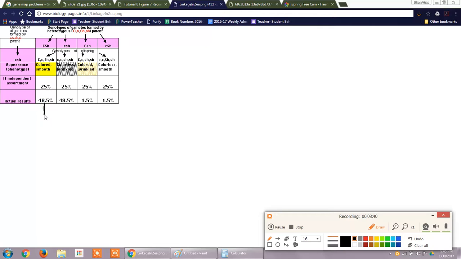But in reality, you can see these two are going to look like the parents, and you're going to have the most of them. In this case, I think it's 97%, and you're going to have 3% recombination frequency, which is going to mean those two genes, the C gene and the SH gene, are a distance of 3 map units apart.